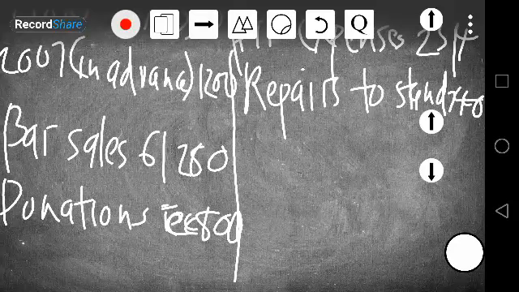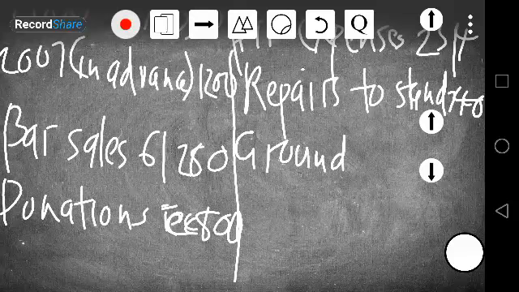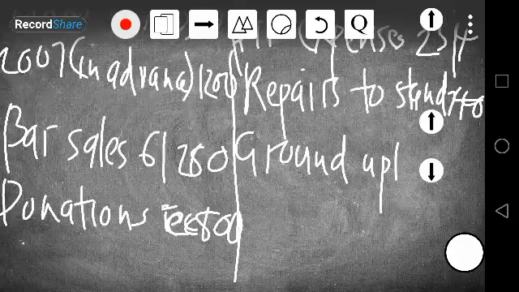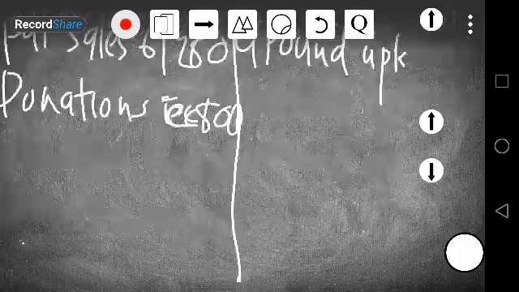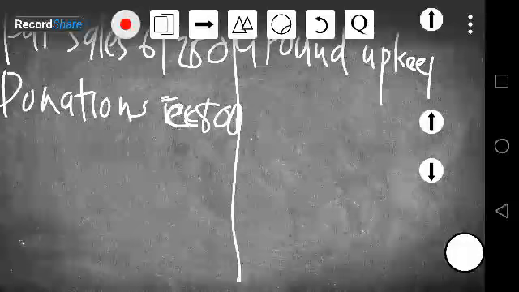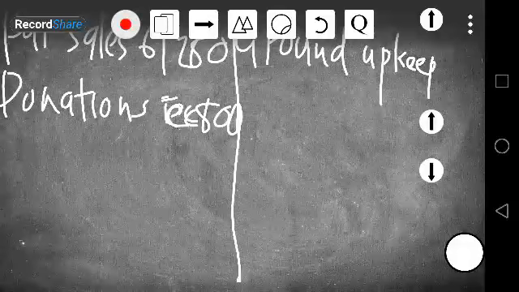Then we have ground upkeep, that was 1,829.